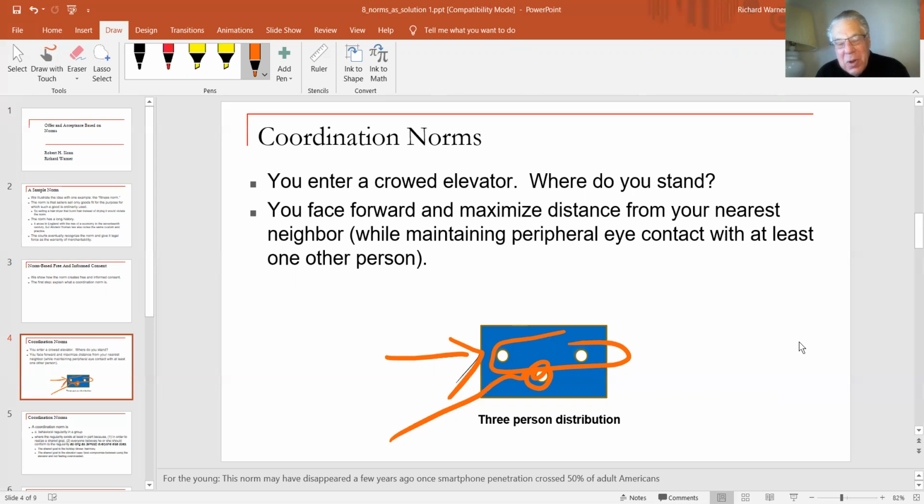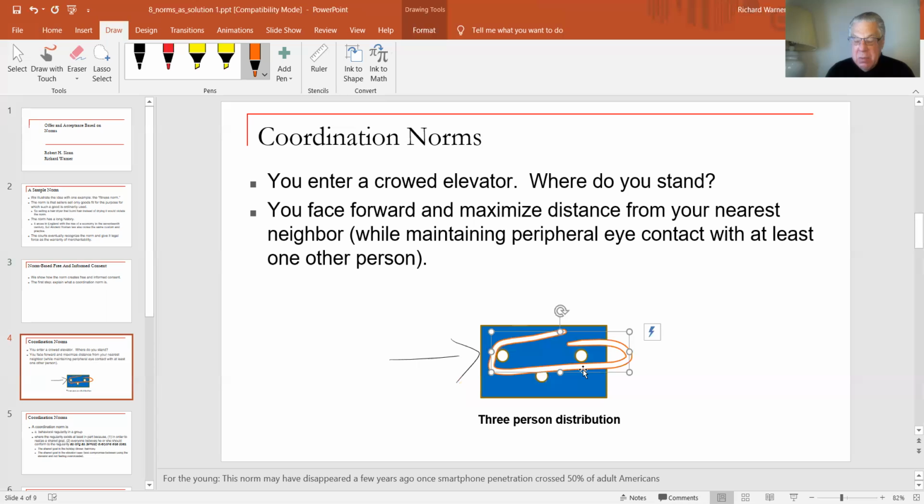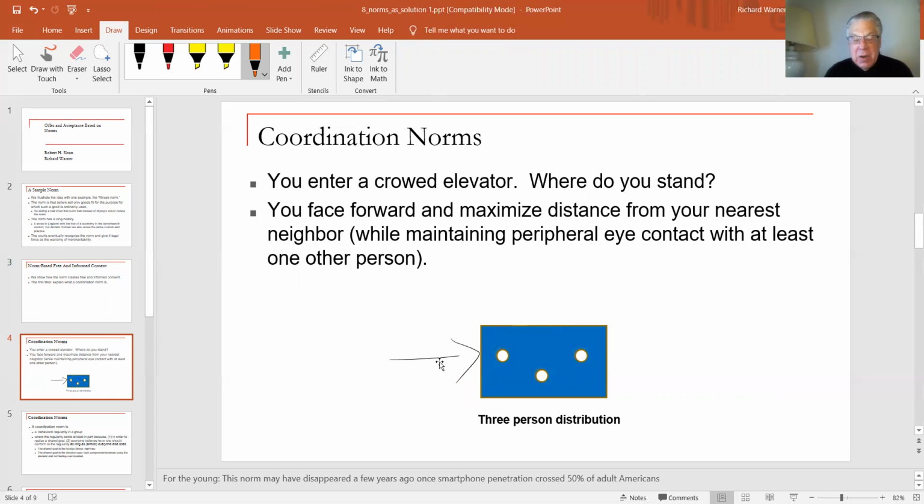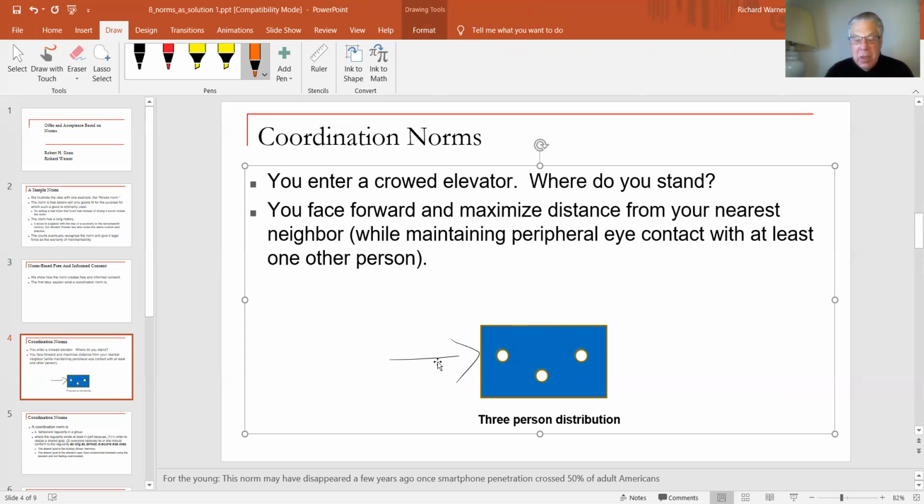Interesting, at least to me, given my research on norms, smartphones are disintegrating this norm, because people walk in the elevator with their smartphone and they're not paying attention to where they stand. But let's put that aside. We're going to put aside the pandemic. We're going to put aside smartphones, and we will just worry about where people stand in elevators before all that.